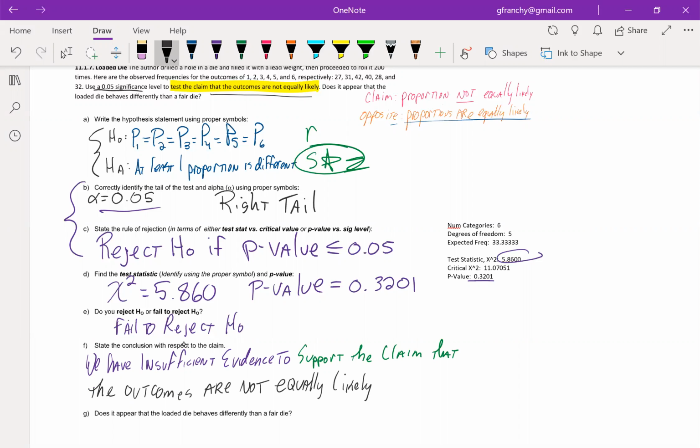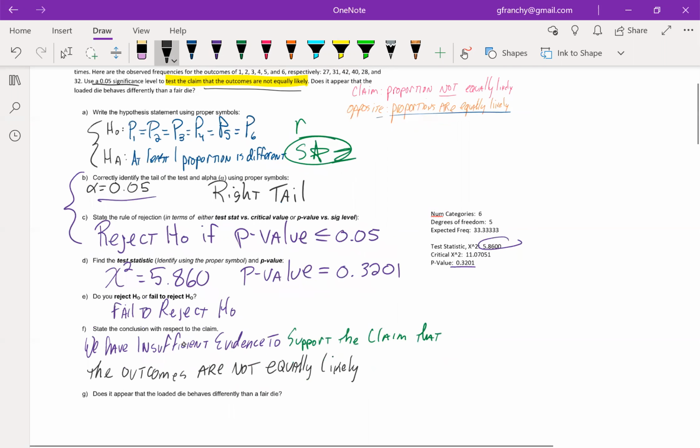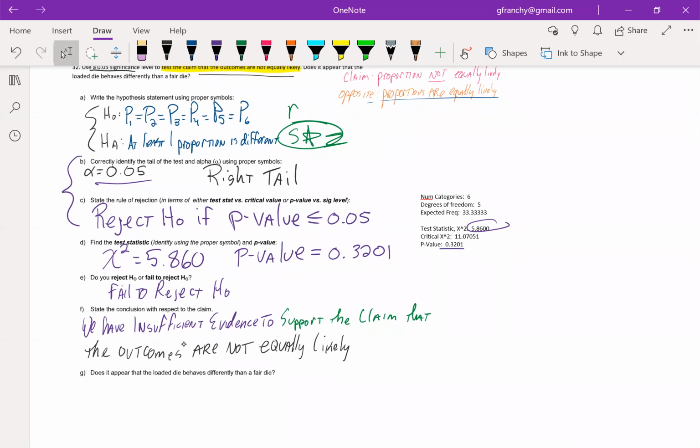So reading that all together, we have insufficient evidence to support the claim that the outcomes are not equally likely. We didn't reject the null hypothesis, and the null hypothesis said that the proportions were all the same. Well, the proportions being all the same is what we'd expect of a fair die. Unless we had enough evidence to the contrary, we went under the assumption that we were working with a fair die. And we couldn't reject that claim.